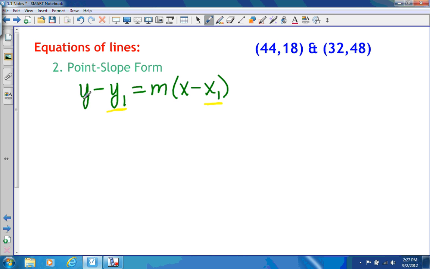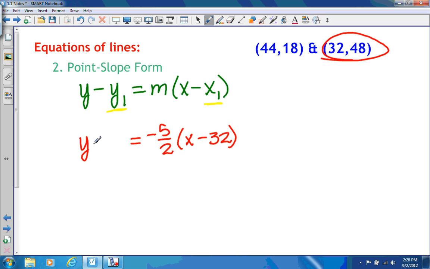The x and the y stay as x and y. So still using these two, we know our slope is a negative 5/2. And this time we are going to use (32, 48). And so we would have x minus 32. And on this side we would have y minus 48.